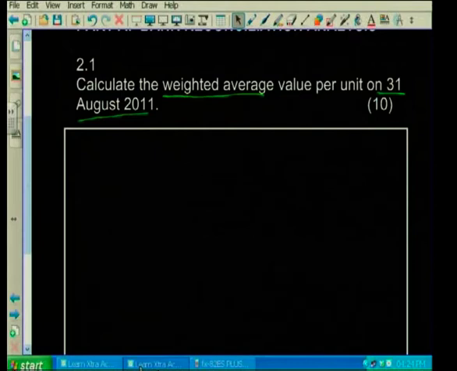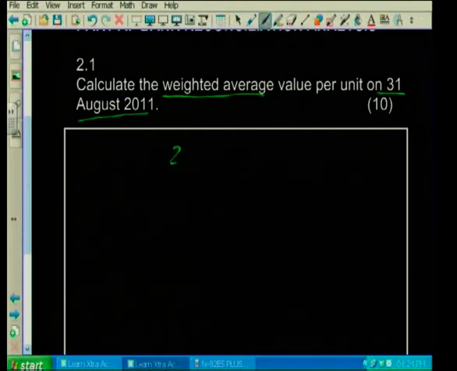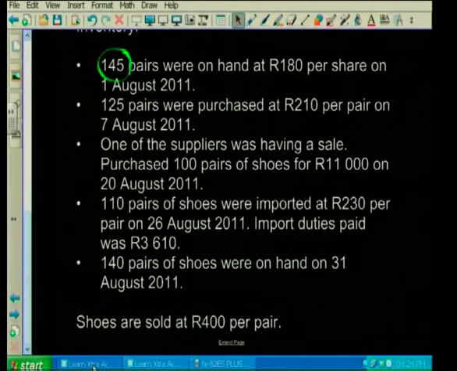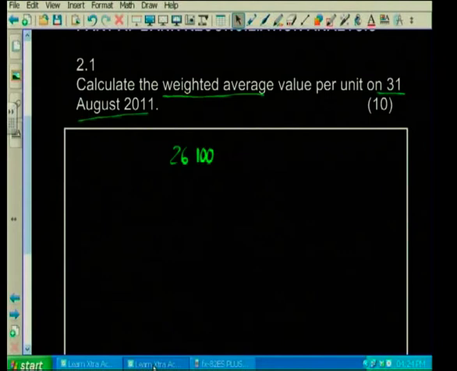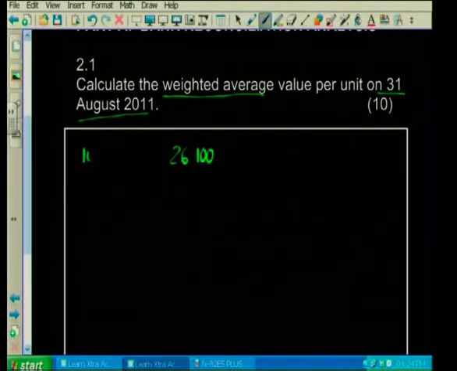So 26,100 is the first value that I have. Which one was that? That was the 145 pairs. Okay, let's do this as well. So it's 145 pairs. Let me put it there. There's the 145.